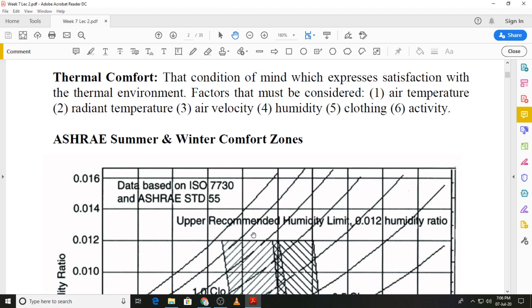So we have to work on a statistical basis, and if we say that 80% or more of the occupants feel comfortable, then those conditions are acceptable. I will now show you the ASHRAE Standard 55, which is a modified form of the psychrometric chart. So I'll bring it up on the screen and then I will discuss it with you.